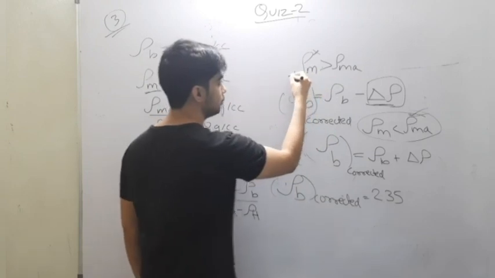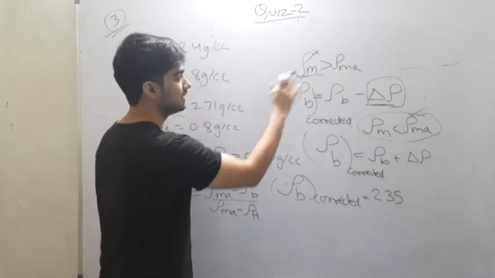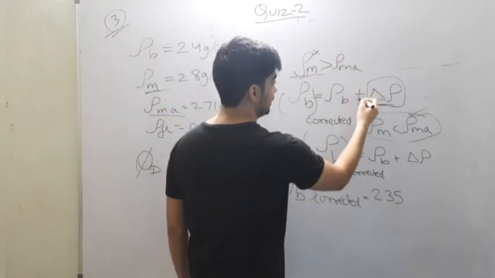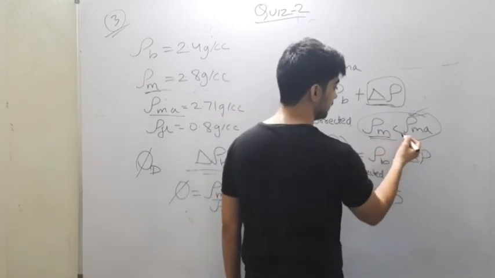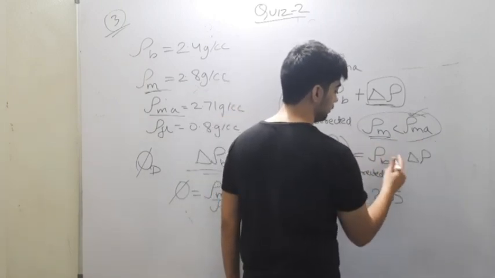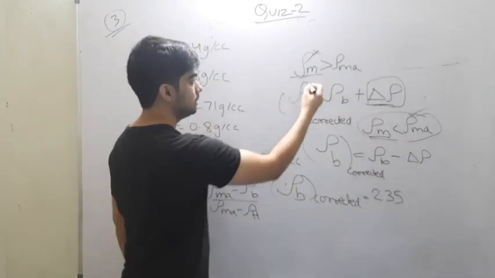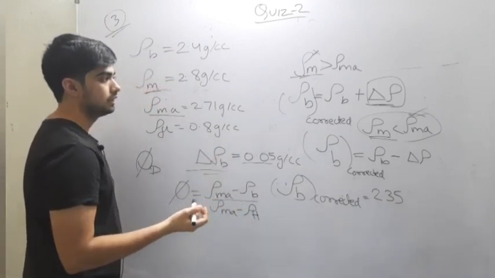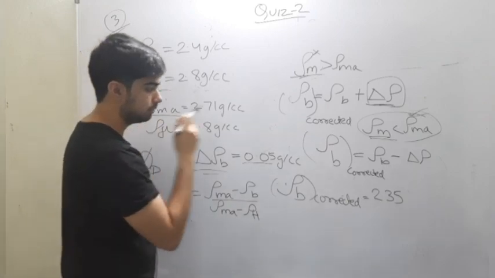If the density of mud is greater than density of matrix, I'm really sorry for this, then there will be a positive correction, and if the density of mud is less than the density of matrix, then there will be a negative correction. So I have mentioned that the density of barite, which is an unusual case, and the density of mud is greater than density of matrix, and there will be a positive correction.